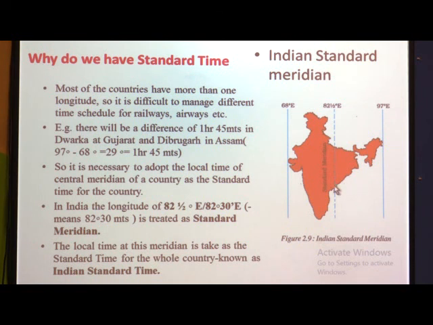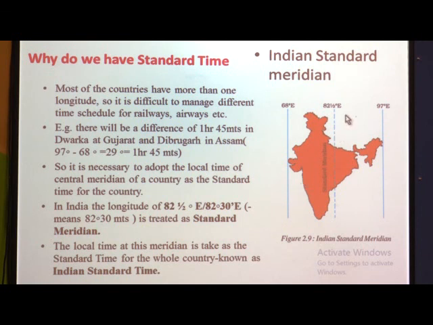So we have adopted the local time of the central meridian of the country. This is the central meridian, children, in the center of our country, and we have decided to take this meridian as the standard time for our country.